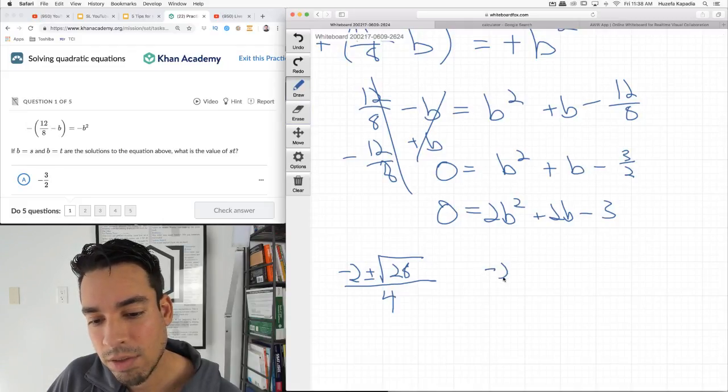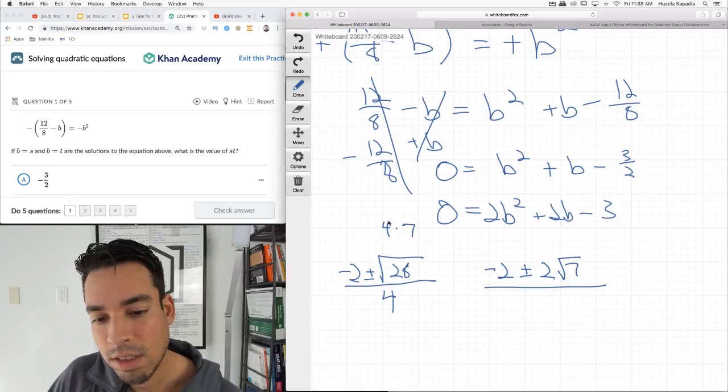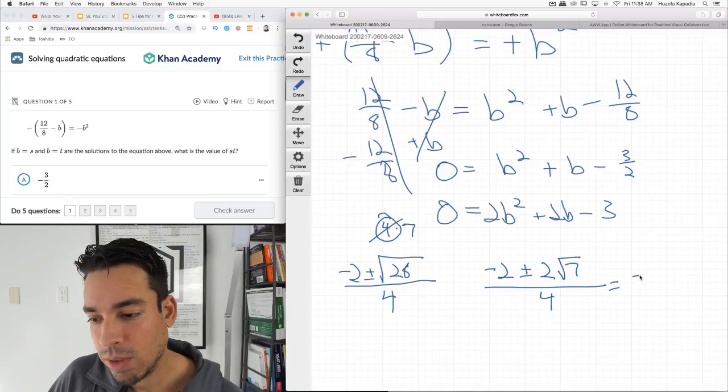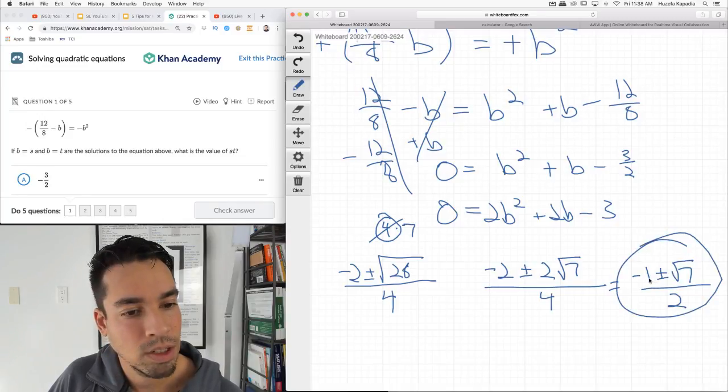So it becomes negative 2 plus or minus 2 times the square root of 7, because that's 4 times 7, and 4 is a perfect square, so it comes out as a 2, over 4. Divide everything by 2, and we get negative 1 plus or minus square root of 7 over 2. Okay, so these are my two solutions.